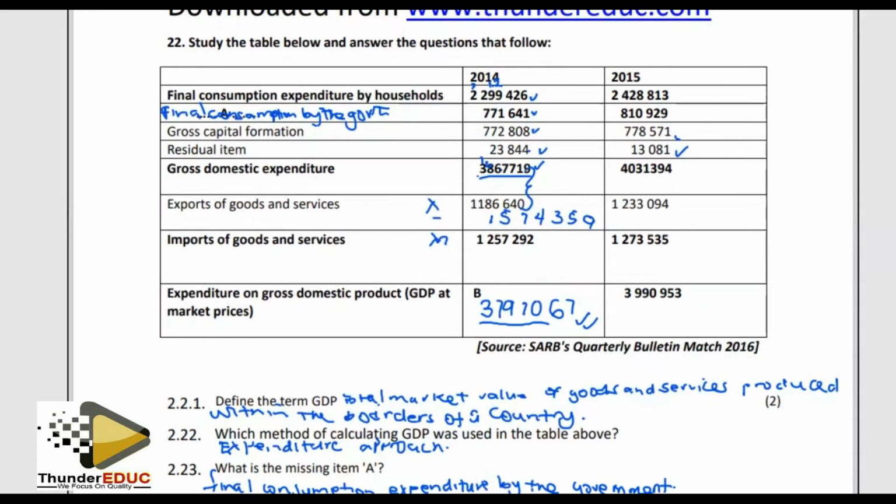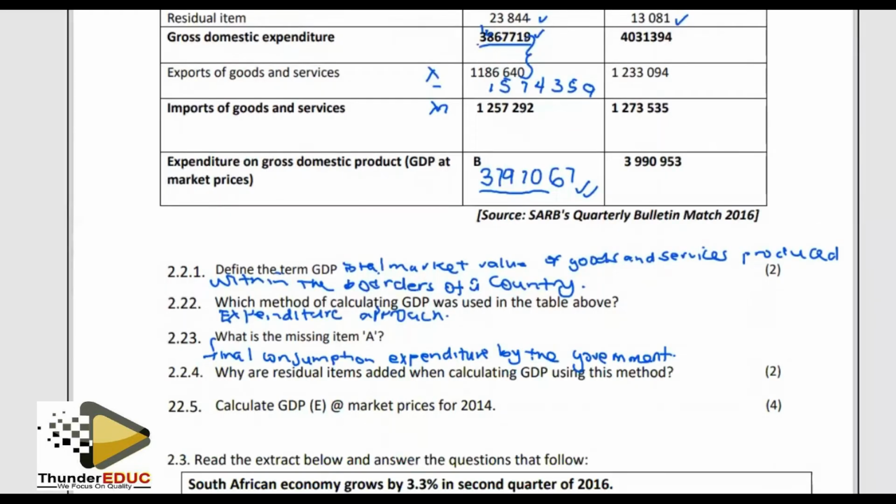We said we are supposed to add gross domestic expenditure, which is this one here, 38,677,19, plus export earnings, which is 186,640, minus import expenditure, which is 12,572.